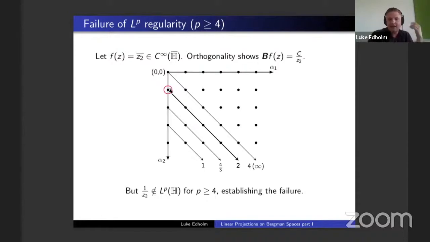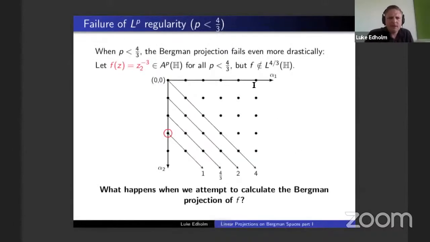And as I said on the previous slide, this thing is L2, but it's LP for all P up to, but not including 4. And so this gives you the failure of LP regularity for P greater than or equal to 4. Now you can of course use duality to determine the lower half interval, but I'm going to illustrate this for P less than 4/3 in a different way.